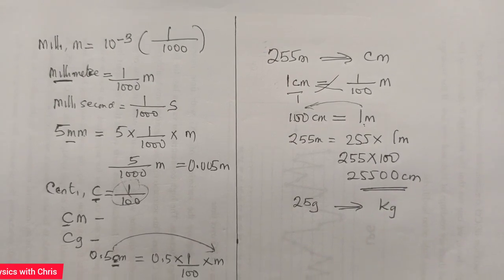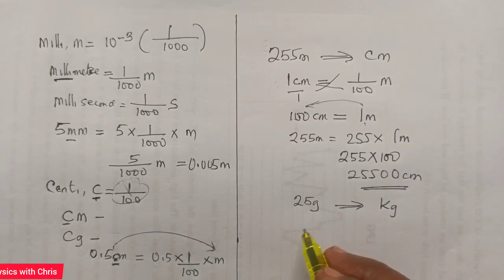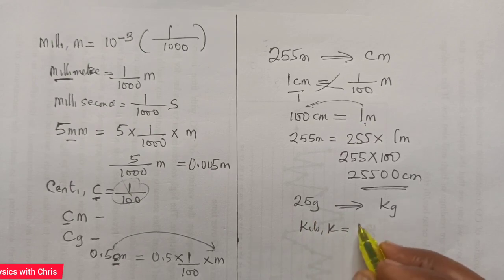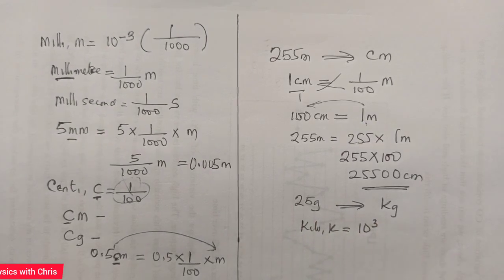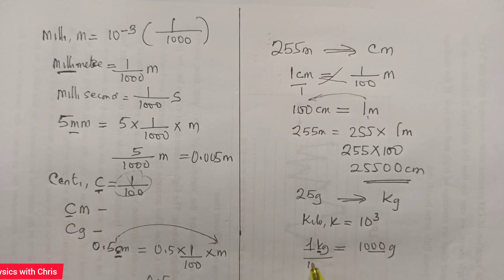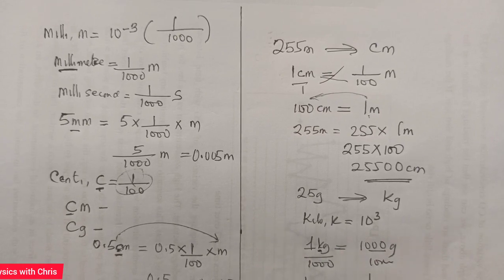How do you convert 25 grams to kilogram? Here you see that kilo itself is 10 to the power 3. So if 1 kilogram equals 1000 grams, this k is 1000. If you divide both sides by 1000, you have 1 gram is equal to 1 over 1000 kilogram.